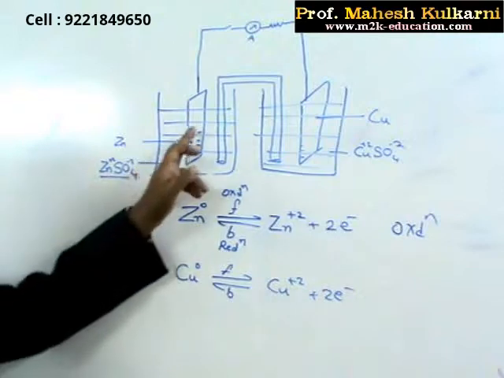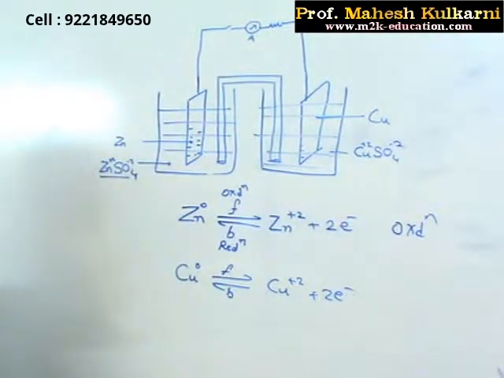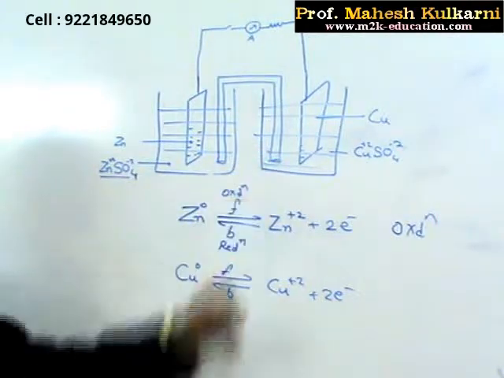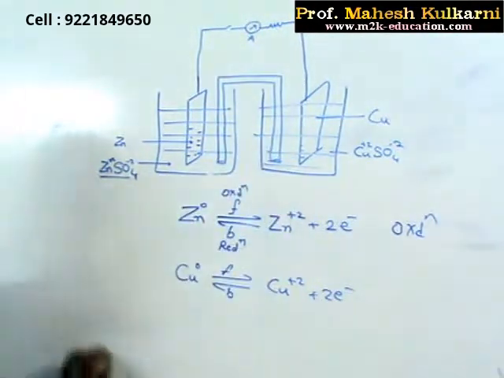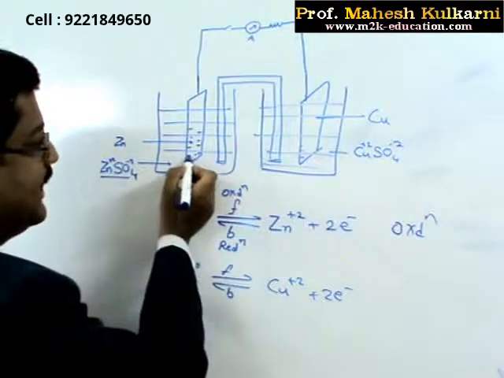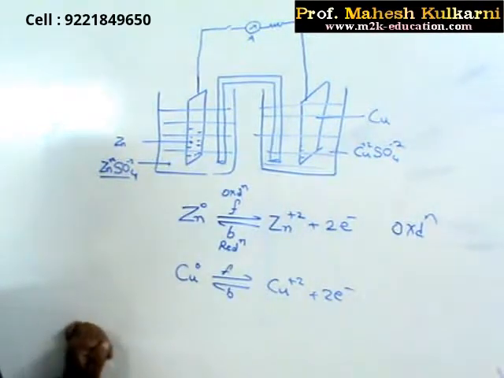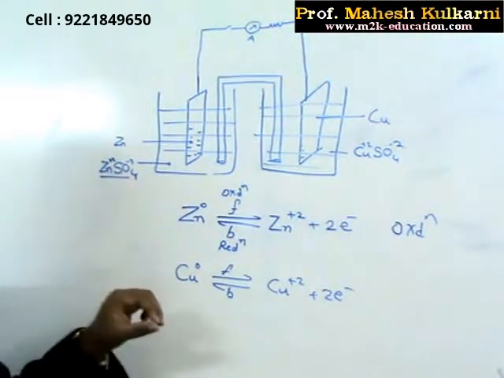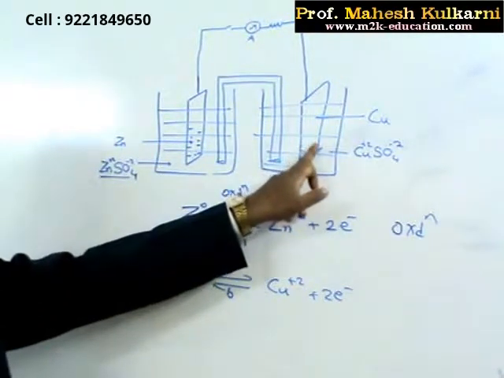Now we connect the two plates externally and internally by a salt bridge. But just remove the salt bridge for a while, don't consider it first. Only the external connection. The zinc plate is rich in electrons, the copper plate also has some electrons, but there is a higher potential of electrons on the zinc plate than on the copper plate.